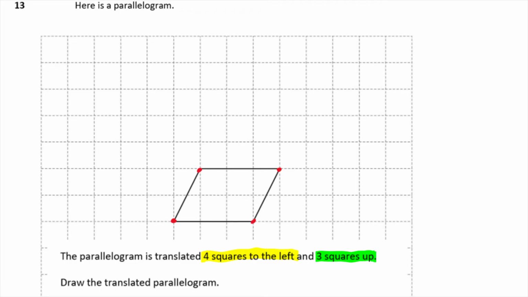So let's take the bottom left corner first. If I go 1, 2, 3, 4 to the left, that takes me to here, and then 3 up is going to take me to this point here, isn't it? Okay? So I'm going to do that with the rest of them as well. If I take the top left corner and count 1, 2, 3, 4 to the left and 3 up, it's going to take me to there.